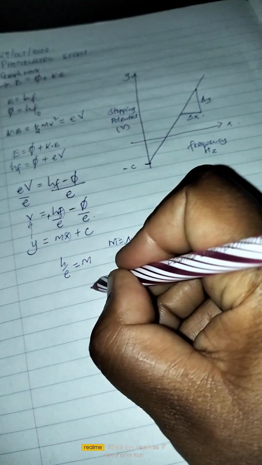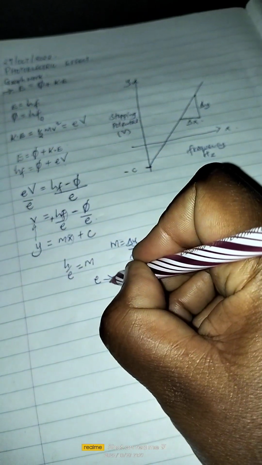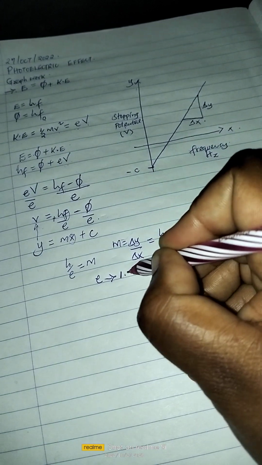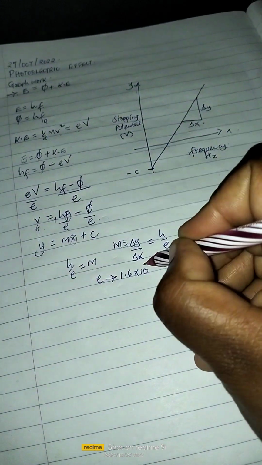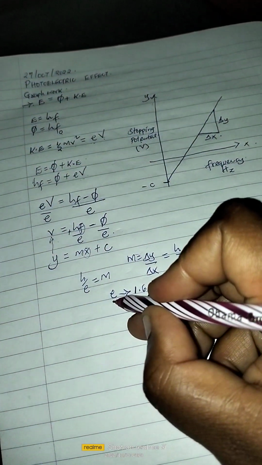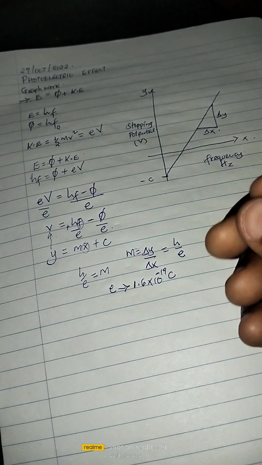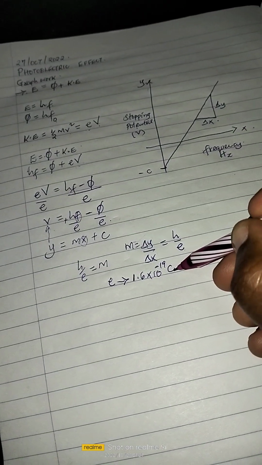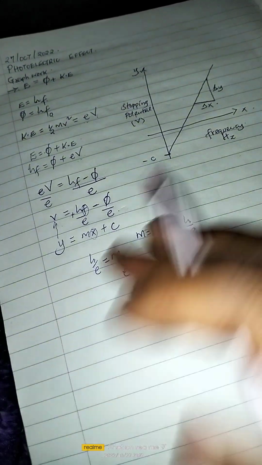Note at this point, e is going to be taken as a constant, and the value to be used is 1.6 times 10 raised to power negative 19 coulombs. Remember, the SI unit of charge, the amount of charge possessed or stored in a given body, is coulombs.